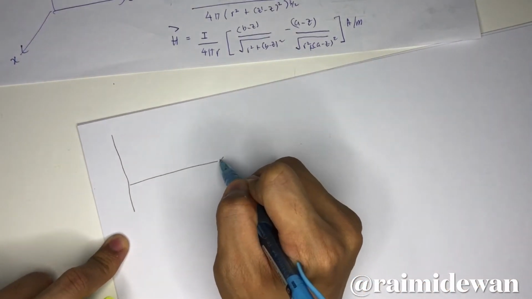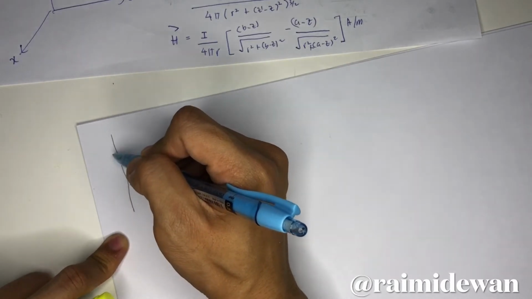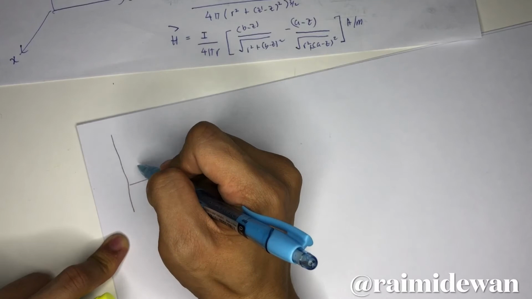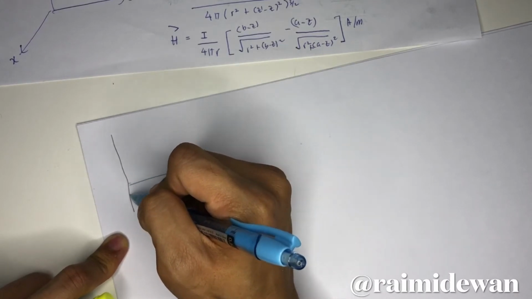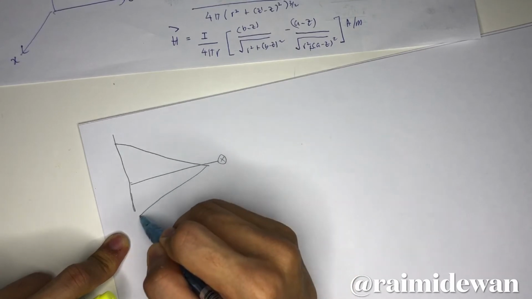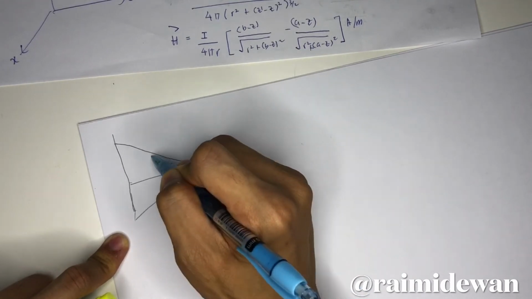Okay, so this is your sampling point. Sorry for the bad drawing. This is your alpha 1, this is your alpha 2, these are the directions.